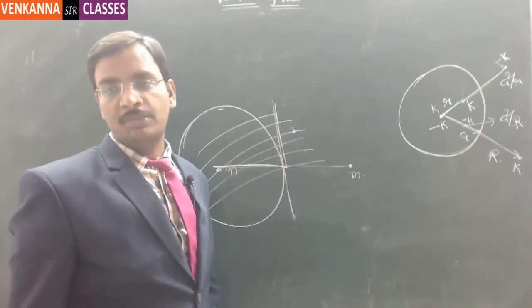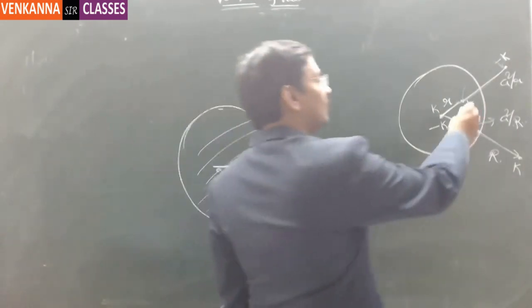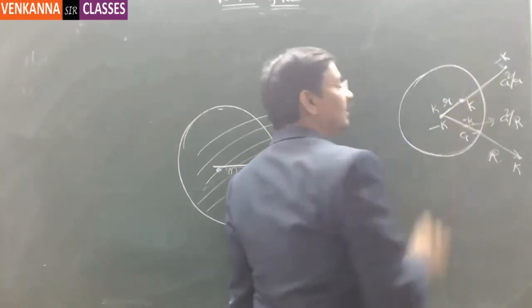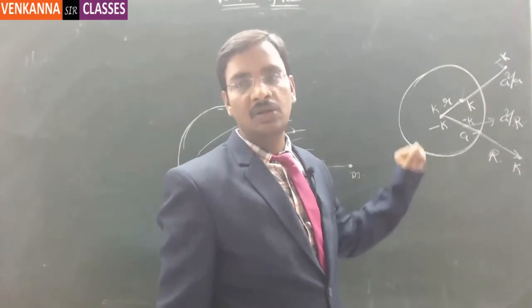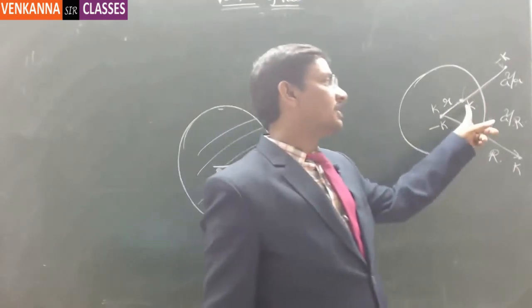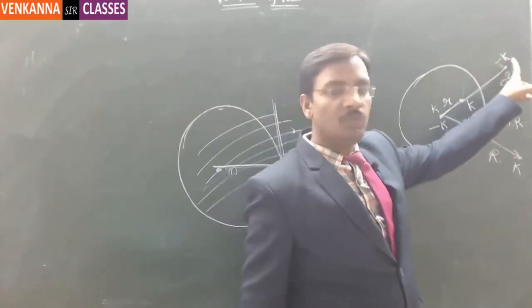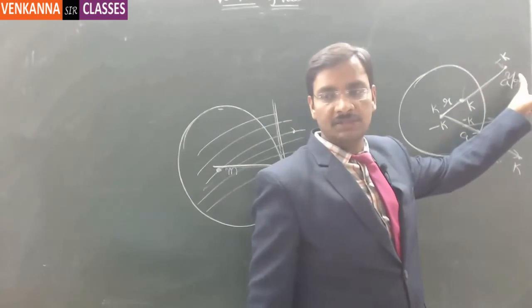Exactly in a similar manner, in the presence of a circular cylinder, if there is a vortex of magnitude k present here, then for a more accurate mathematical model you have to put in the image system. If there is a vortex at this particular point, you have to place one more vortex of opposite magnitude here. So this is a vortex, not a source.